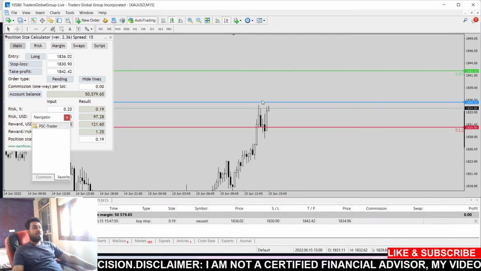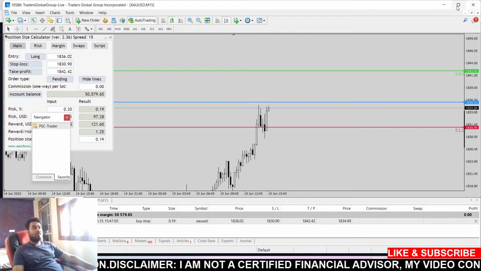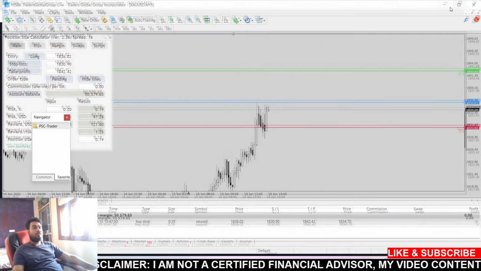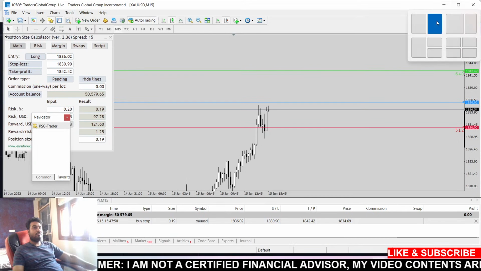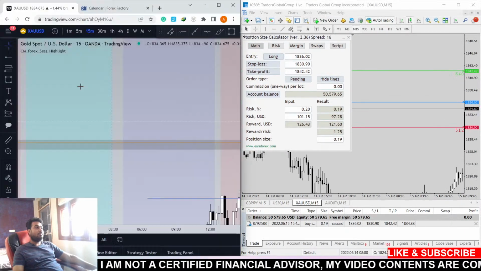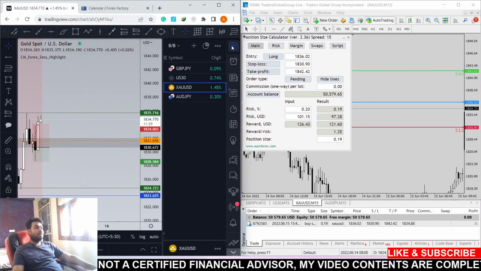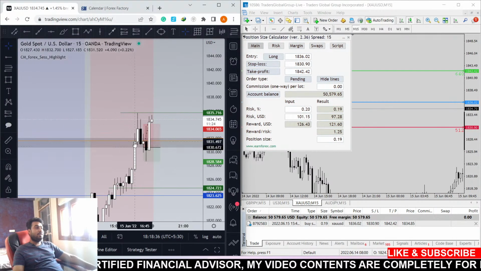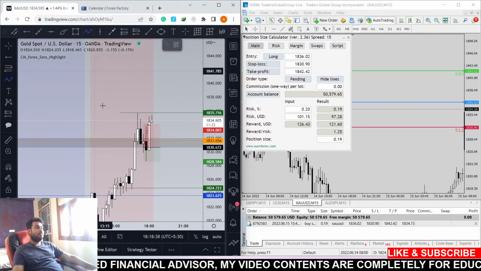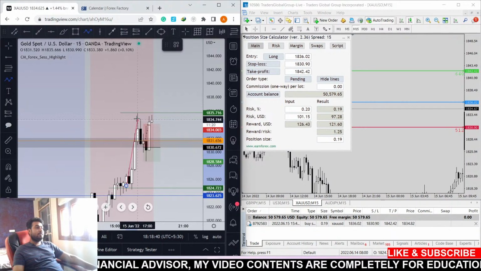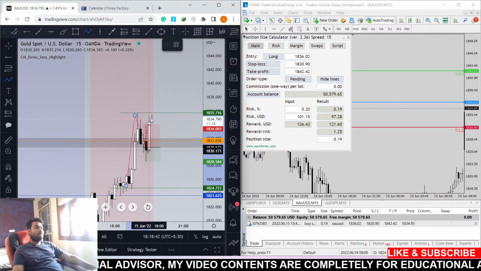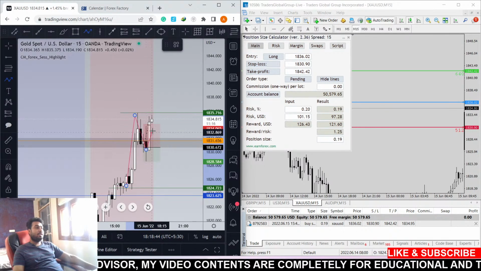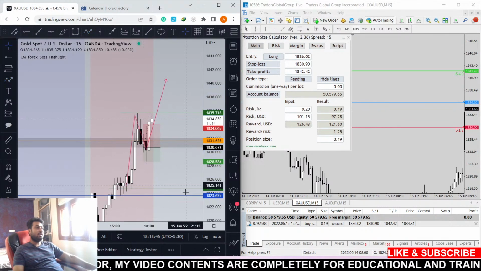I have placed a pending order right here because I cannot wait for one more 15-minute candle to close. Why? Because see here what the market is doing. Here we are having June. The market is just trying to continue its move up. It is taking a retest and there is a high chance it will continue its move to the upside.